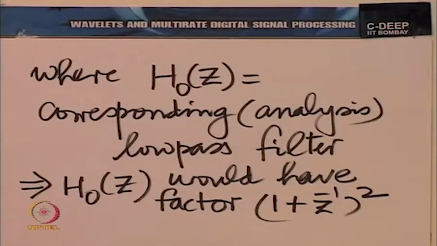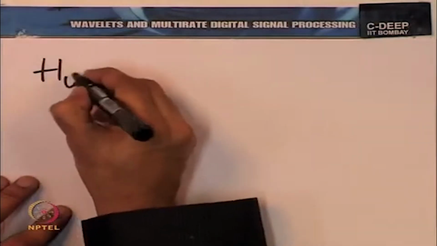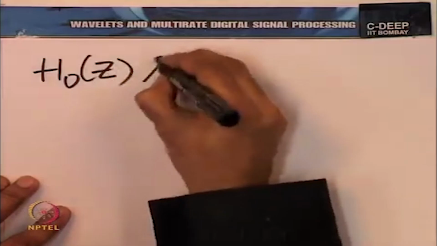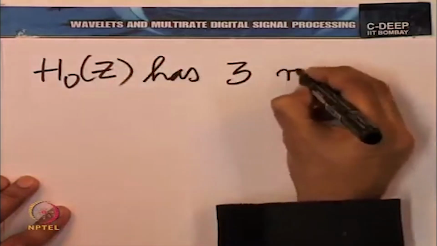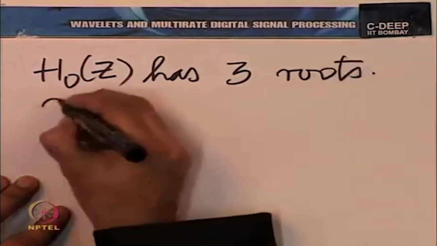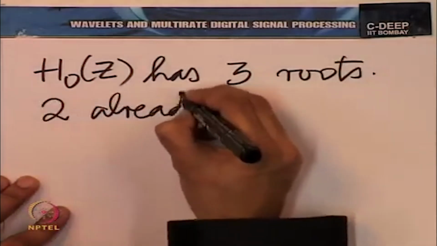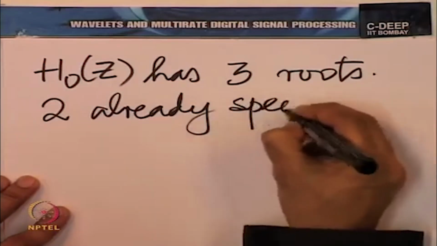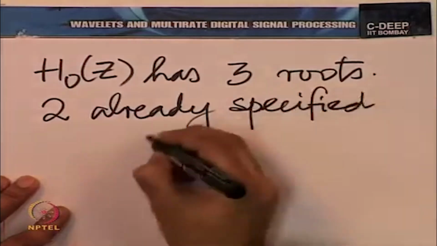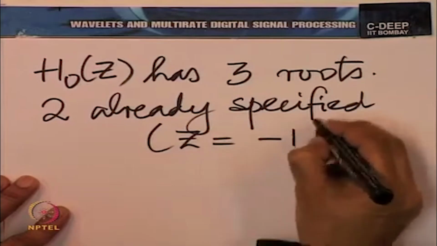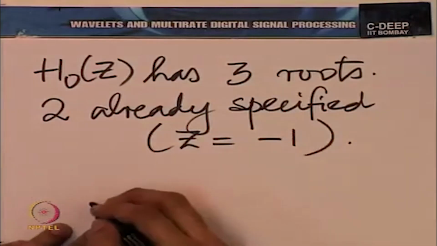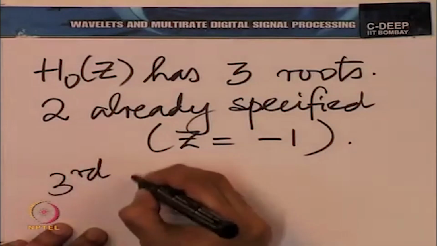And then we recall that we had even lengths for the filters, and therefore, we have a situation where H 0 z has 3 zeros, two already specified, obviously they belong to minus 1, and therefore, the third to be determined.